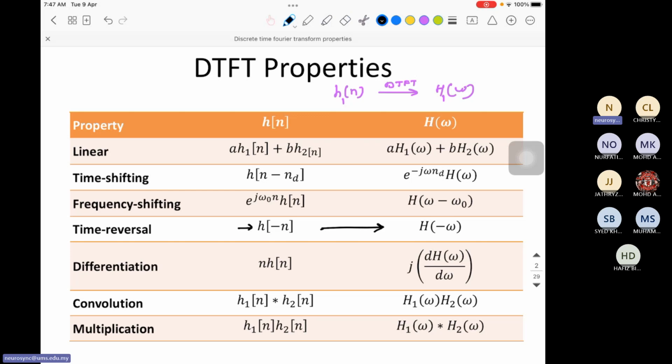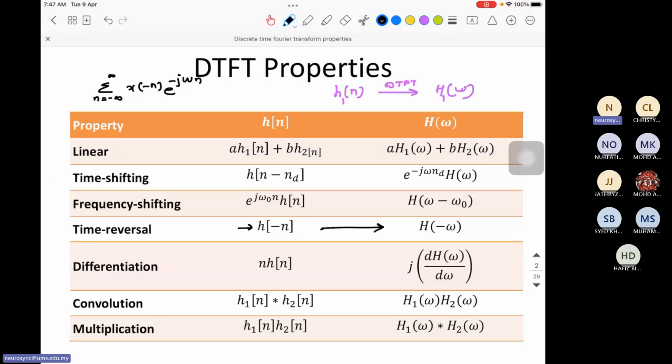Like if I apply DTFT over h of minus n, what is the formula? Summation of n equal to minus infinity to infinity, x of minus n. Instead of x of n, I need to write x of minus n. Then e to the power minus j omega n.